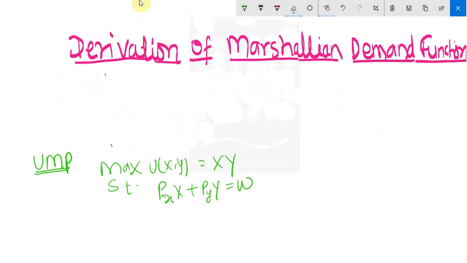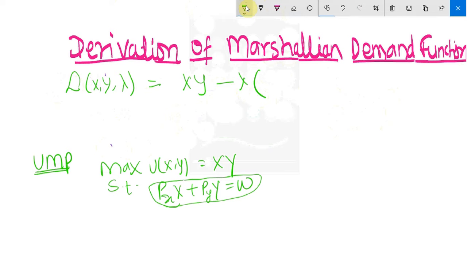So the Lagrangian function can be expressed as L, which depends on x, y and a new variable lambda, equals the utility function xy minus lambda times the homogeneous version of the budget constraint, that is pxx plus pyy minus w equals 0.